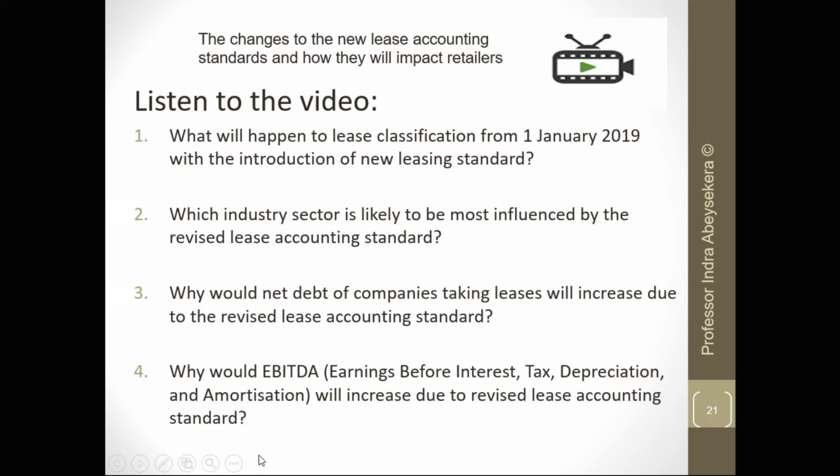Which industry sector is likely to be most influenced by the revised lease accounting standard? Why would net debt of companies taking leases increase due to the revised accounting standard? Why would EBITDA, that is earnings before interest, tax, depreciation and amortization, increase due to revised lease accounting standard?